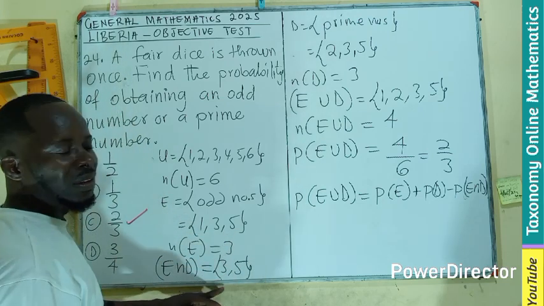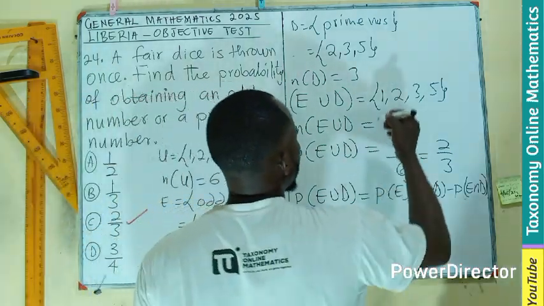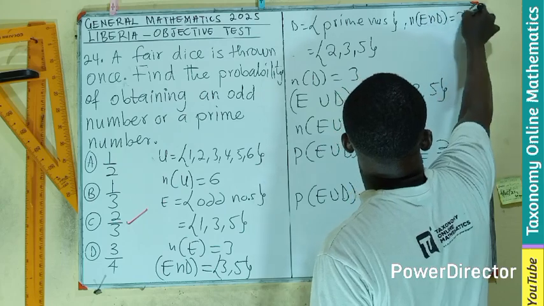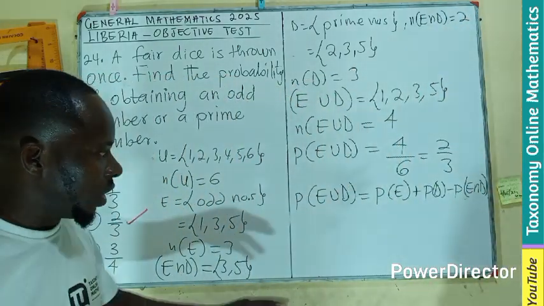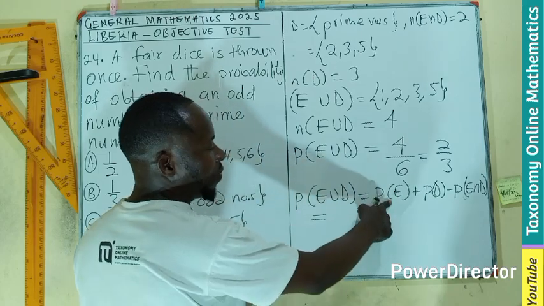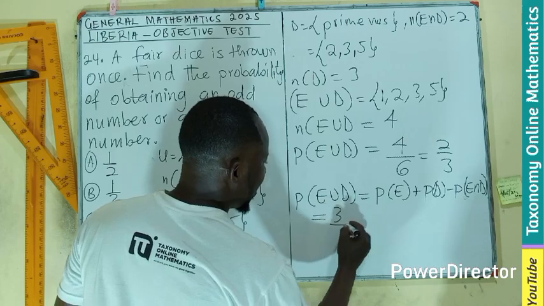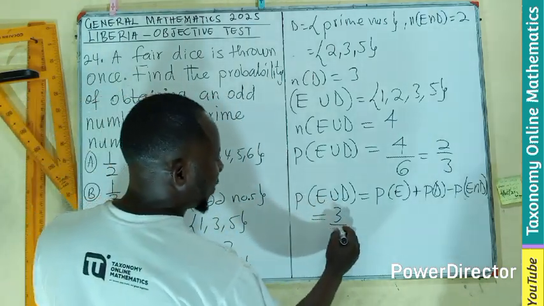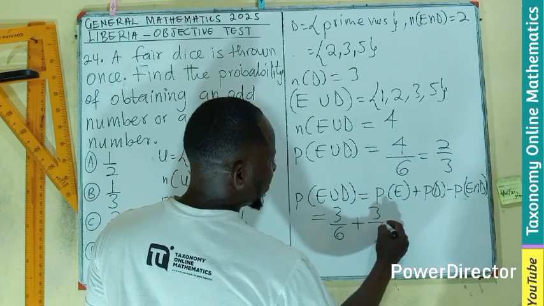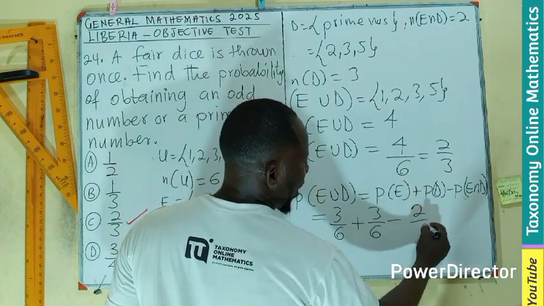in common. These are the set, right? So I can easily say that the number of E intersection D is going to be what? 2. So if I'm following this, the probability I'm looking for is probability of E, meaning number of E, which is 3 divided by the total, which is 6, plus number of D, which is 3 divided by total, minus the intersection, 2 out of what?